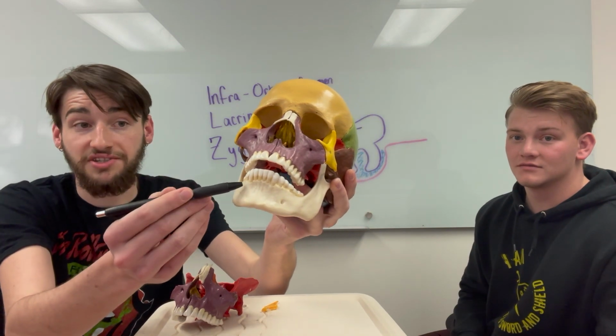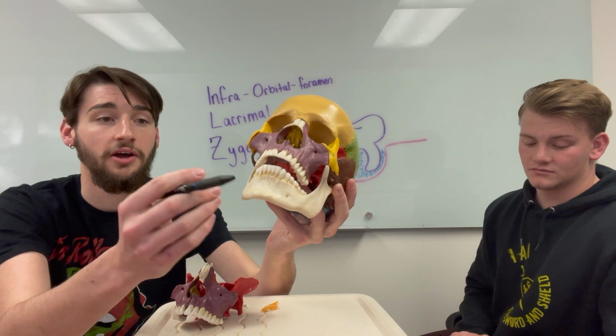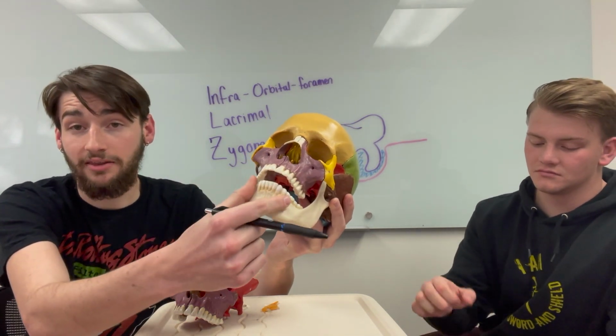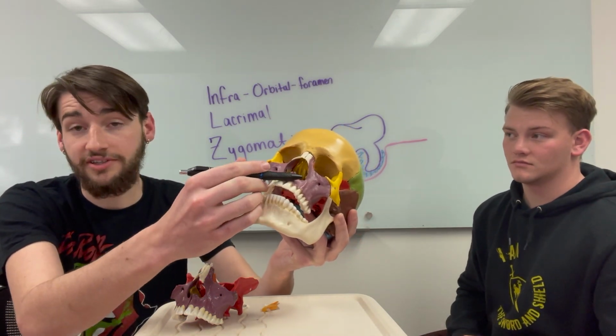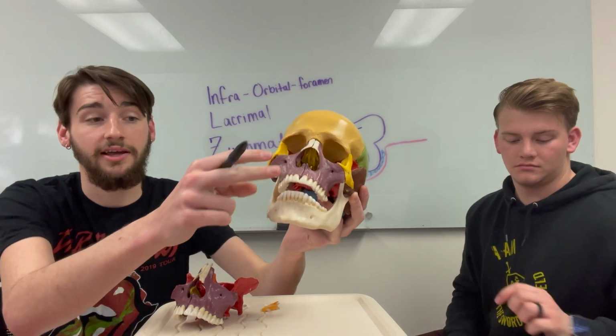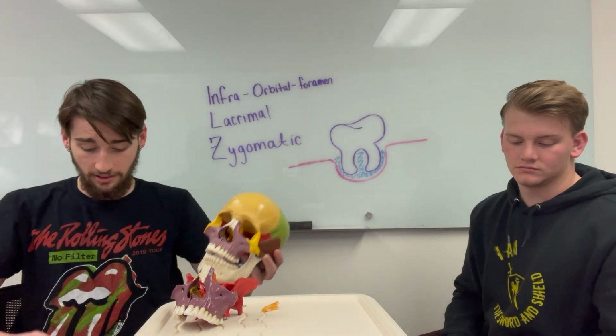The alveolar process is also on the lower jaw, because we've got that same bumpy ridge where those alveoli exist. We've got teeth on the top of our jaw and teeth on the bottom. So it makes sense that we have alveoli and the alveolar process on the top and both structures on the bottom as well. So both the maxilla and the mandible have those alveoli and the alveolar processes.